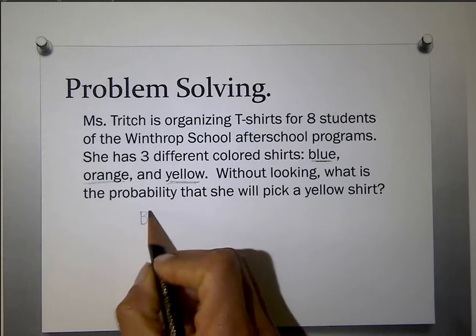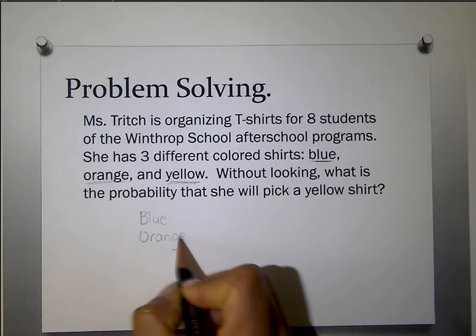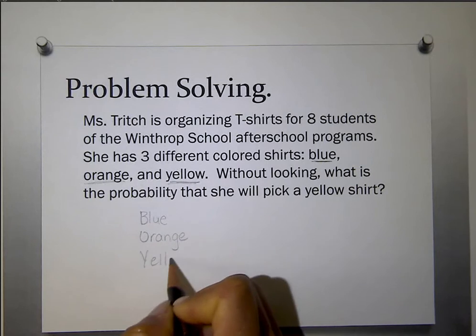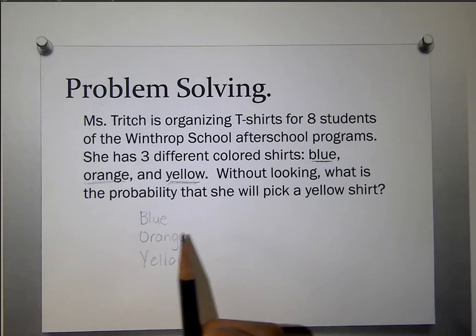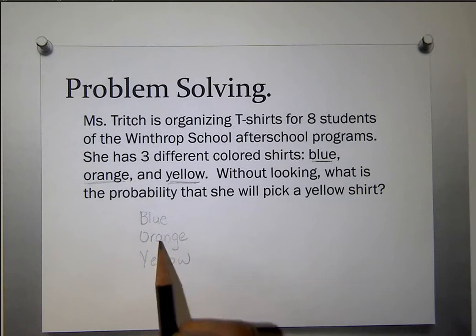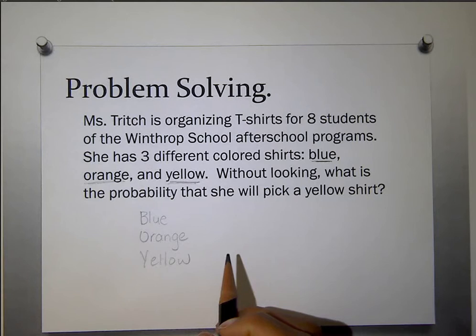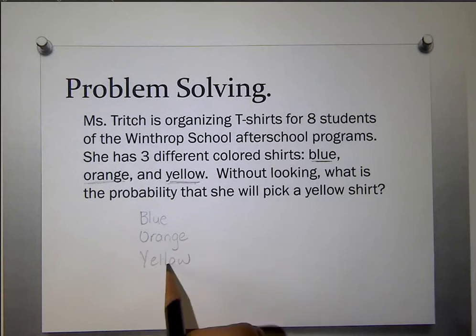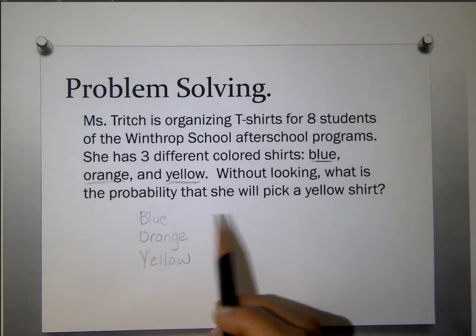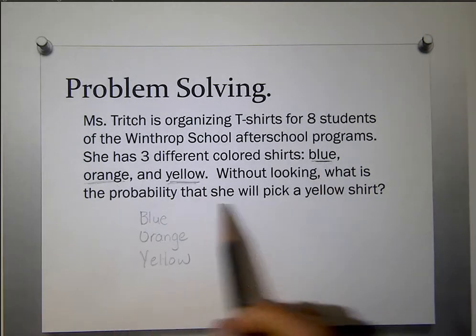Blue, orange, and yellow. If I just picked, and there was one of each, they will all have an equal chance of being picked because there is one of each. But it doesn't say how many of each there are based on this problem.